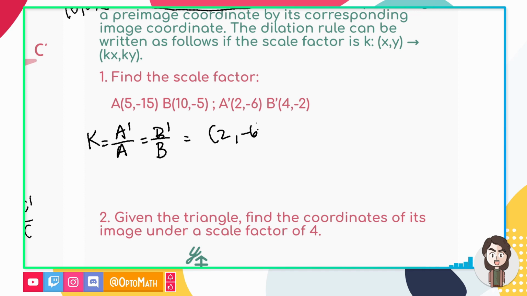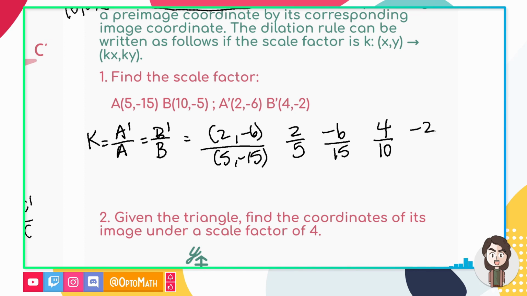2, -6 divided by 5, -15. Now this looks kind of weird. You might just want to write it as 2 divided by 5 and -6 divided by -15 for your A's, which should be 4 divided by 10 for the X coordinate of your B's, and -2 divided by -5 for the Y coordinate of your B's.